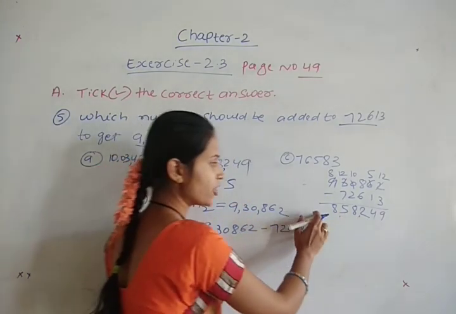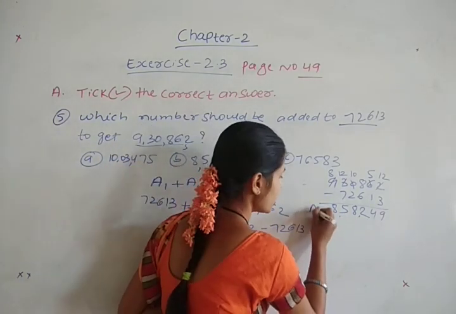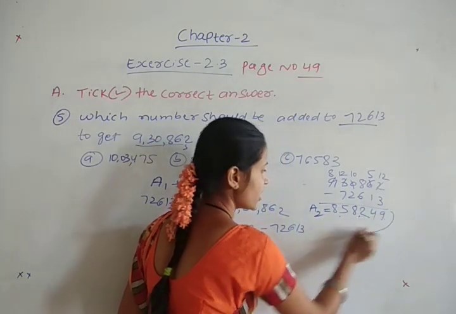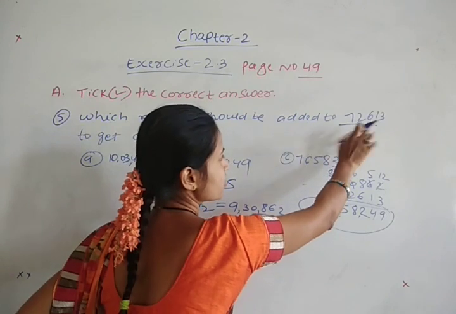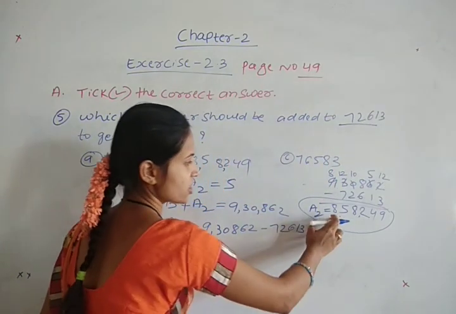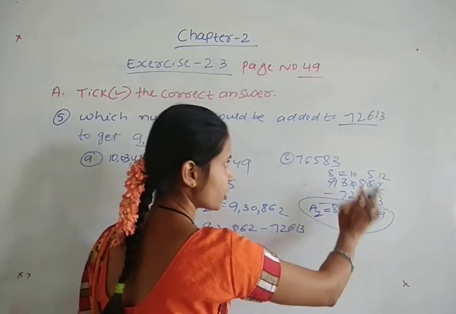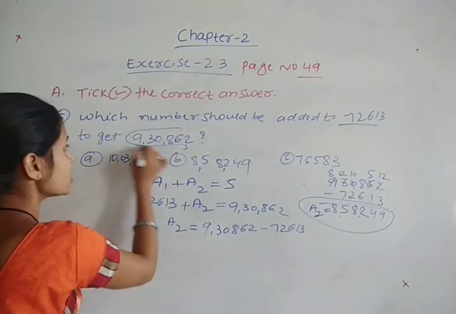This 8,58,249 is A2, the value of the second addend. It means if we add 72,613 with this 8,58,249, we will get this much as the answer.